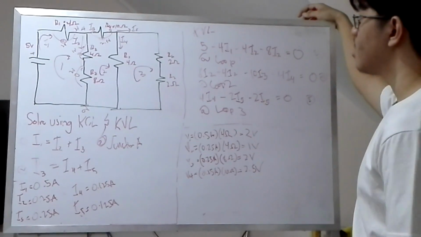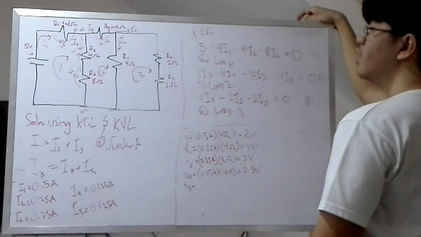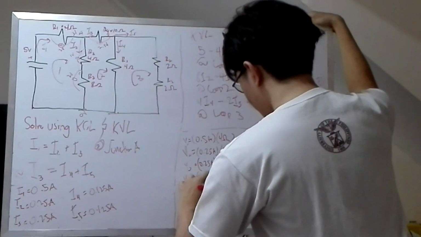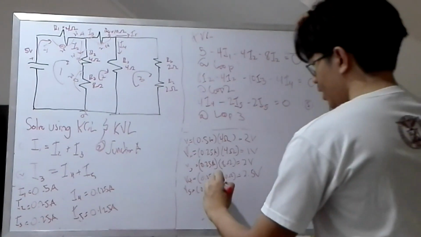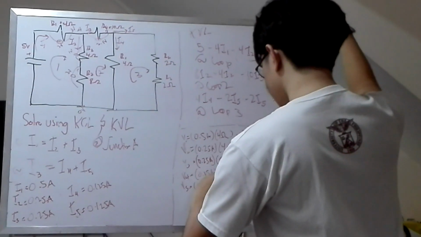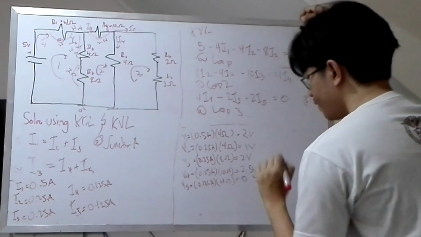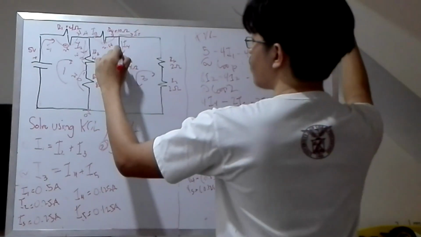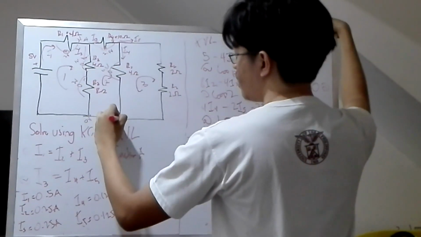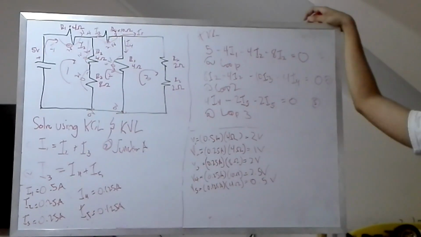So the voltage across resistor number 5 would be I4, which is 0.125 amps, multiplied by 4 ohms, which is exactly 0.5 volts. Then it will reach here with a potential of, once again, 0 volts, which makes it correct.